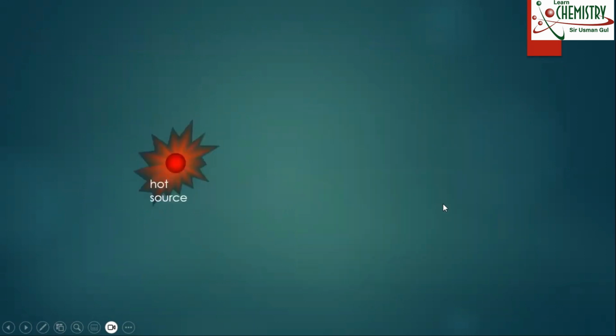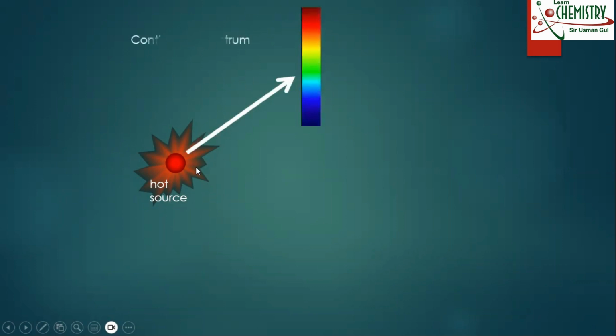Okay, moving forward, now let's talk in detail about the difference between the line emission spectrum and the absorption spectrum. Let's suppose we have a hot source, and the hot source basically gives us all the visible light spectrum of all the colors. When we pass this light through the prism, we always get the continuous spectrum.